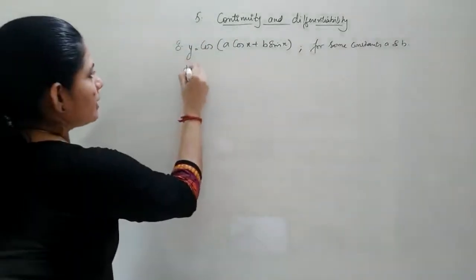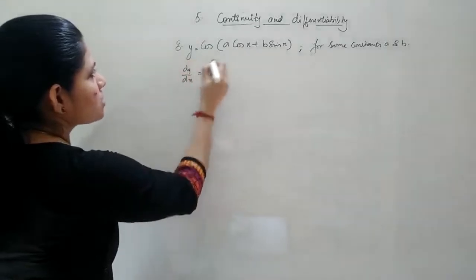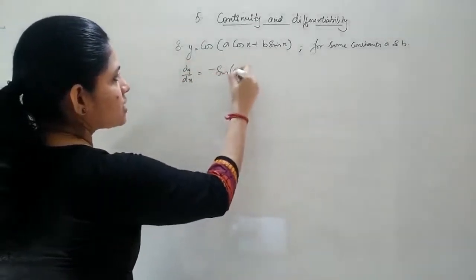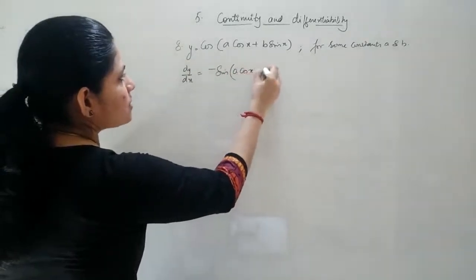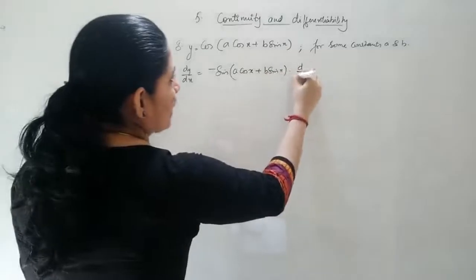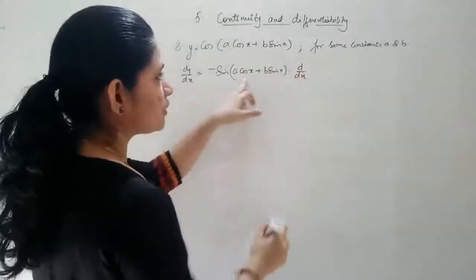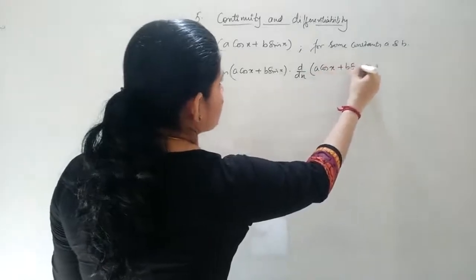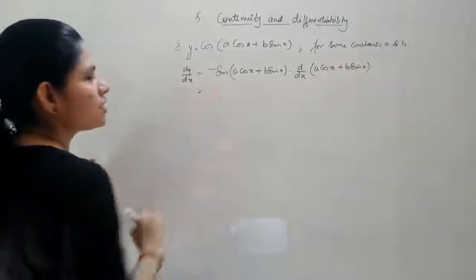Now you need dy by dx, which is equal to, the derivative of cos of something is negative sine of that angle. What is the angle given here? A cos x plus b sin x, into, again the angle is not x, so you have to write the derivative of the angle a cos x plus b sin x together with it using your chain rule.